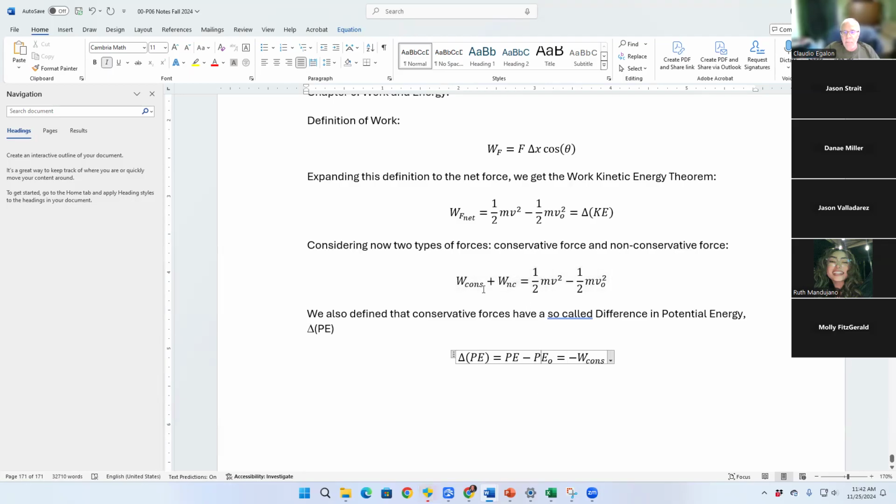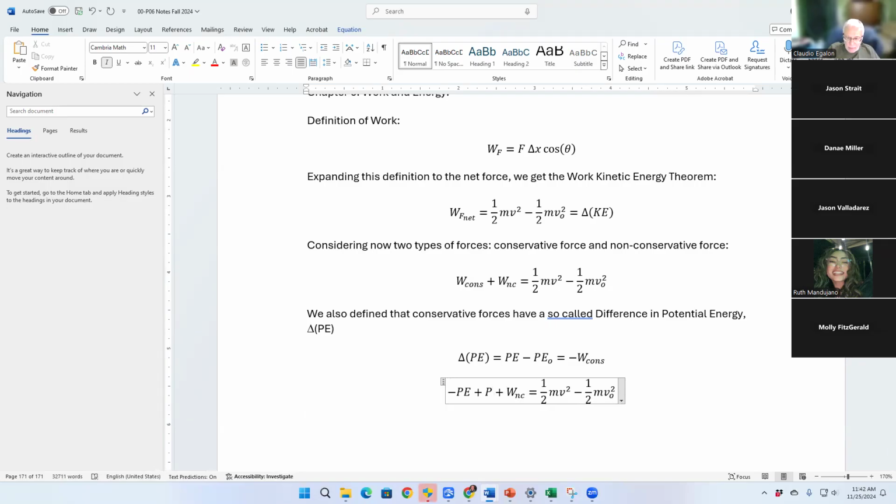So there's a very important difference between those two forces, right? That we discussed at length before. Okay, and let's see here. We can rewrite this equation now in terms of the difference in potential energy.